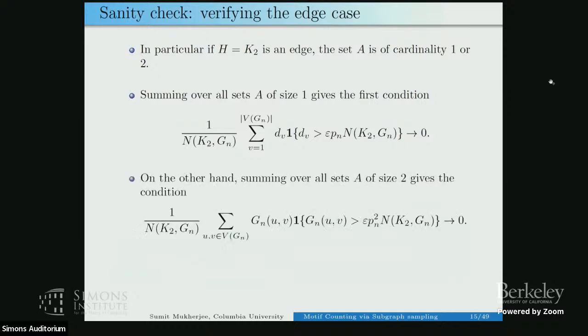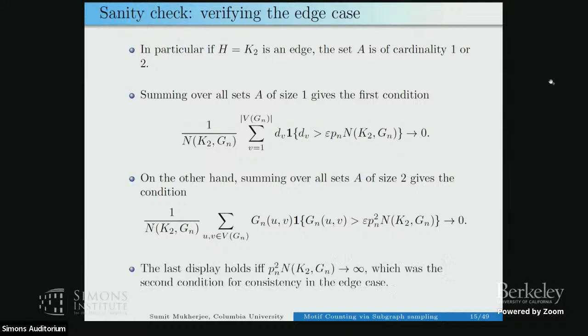On the other hand, if you look at sets A of size 2, then basically you get the indicator. So you're summing over the indicator that the count is bigger than this cutoff. The limit has to go to 0. Now this doesn't exactly look like it, but a moment's thought shows that this is exactly the same as this. Why? If this is going to infinity, then for every epsilon fixed, this will go to infinity.